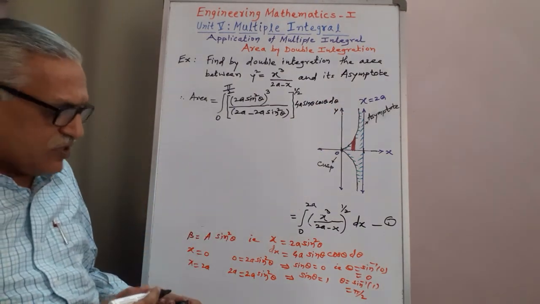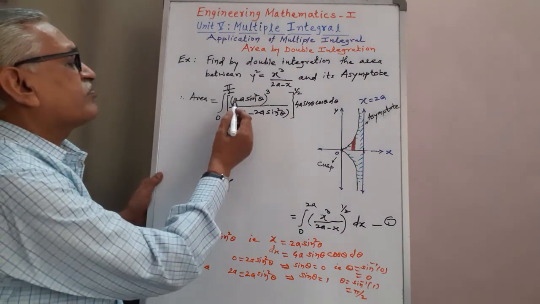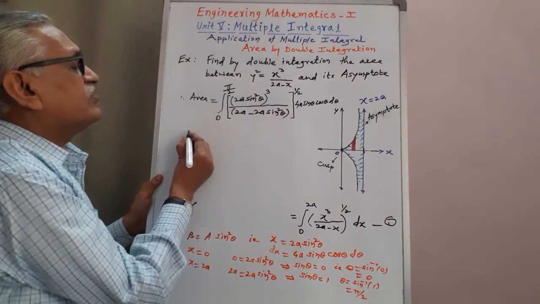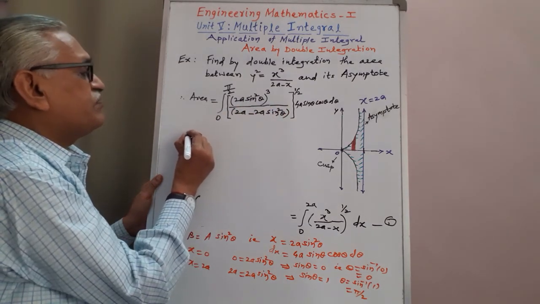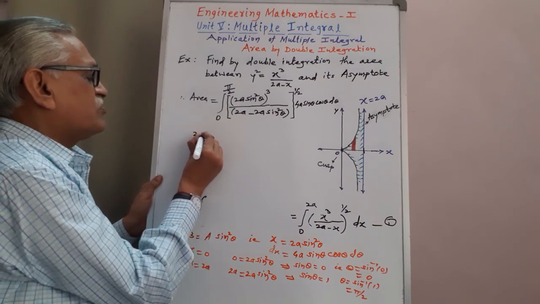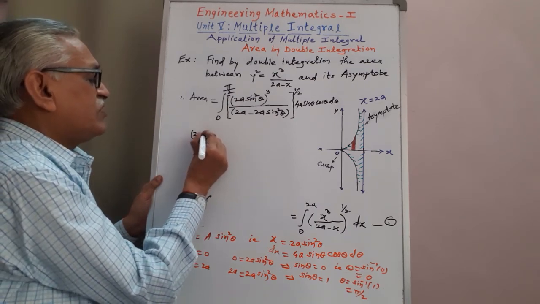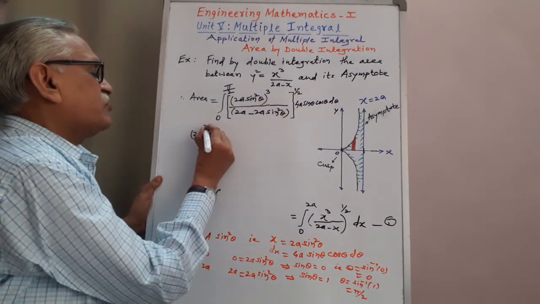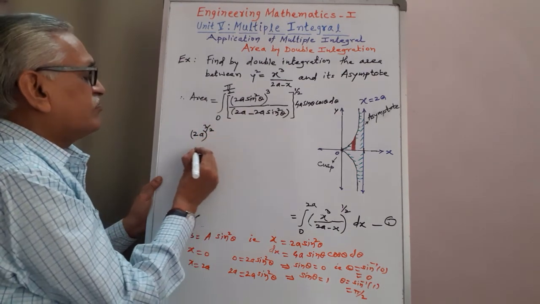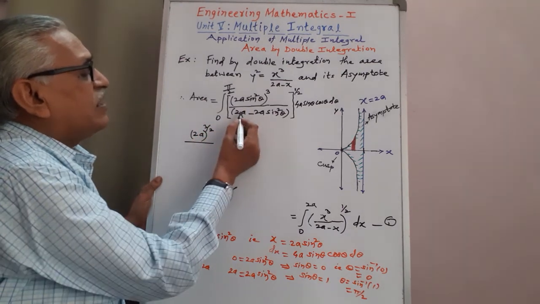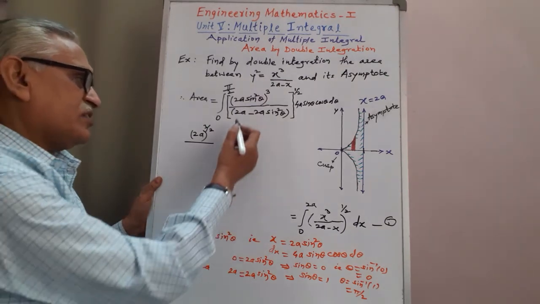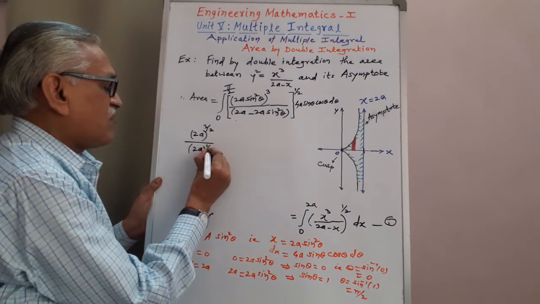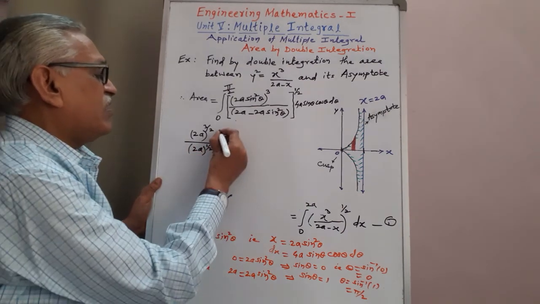Okay, and therefore simplifying it, this becomes 2a cube, raised to 1 by 2, meaning it becomes raised to 3 by 2, divided by, I can take 2a common from this, and that raised to 1 by 2, with the remaining terms.